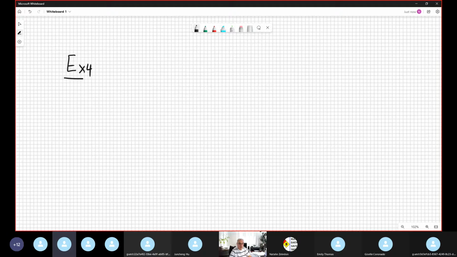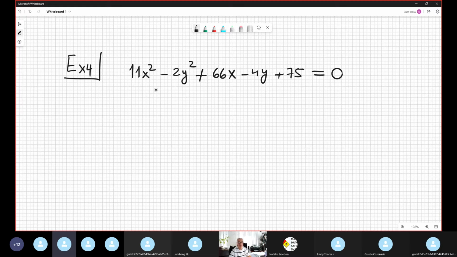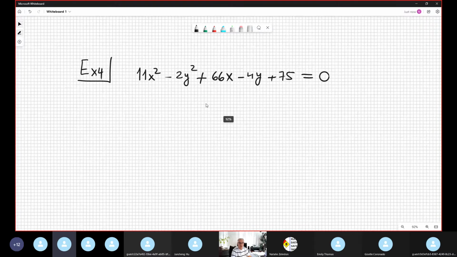The last one is always the most complicated, no? You need to complete the square. 11x squared minus 2y squared plus 66x minus 4y plus 75 equals. This is expressed in general form, so I need to modify it in order to express it in standard form.